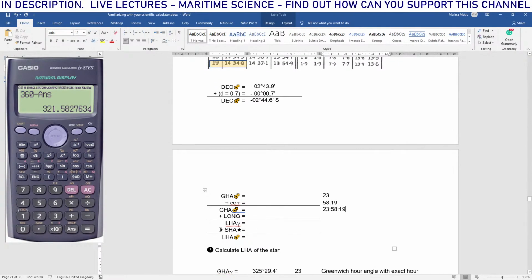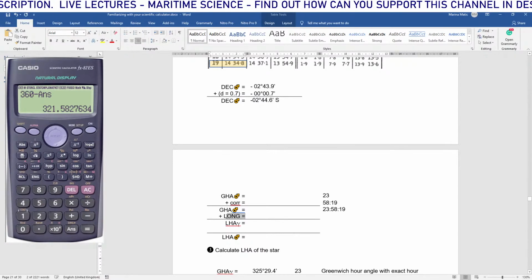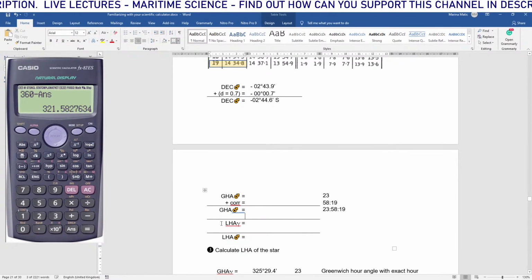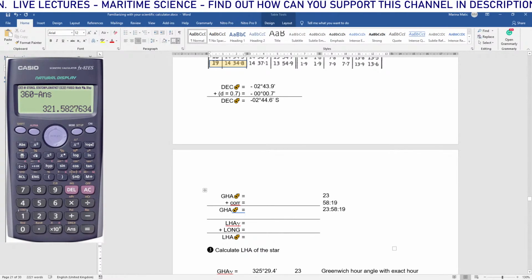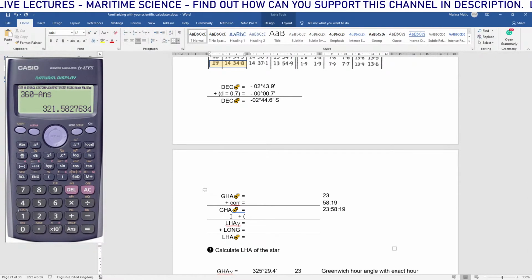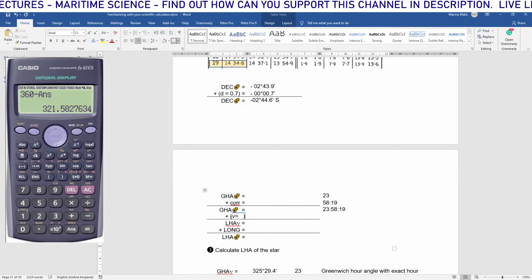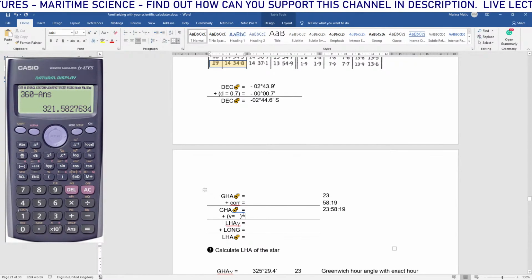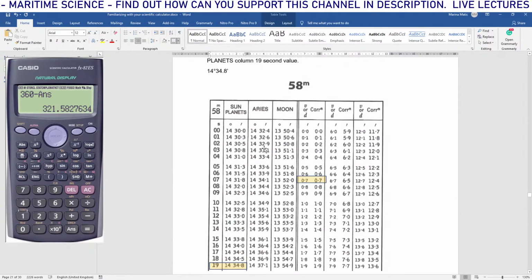And now I need to flip these two. This is going to be here, because this is planet Mars. Planet Mars has its own very unique correction for the V value. The V value is located on the bottom of the column of the planet.